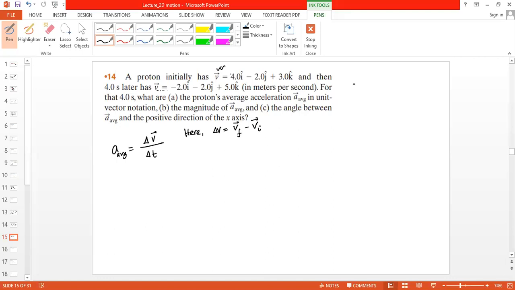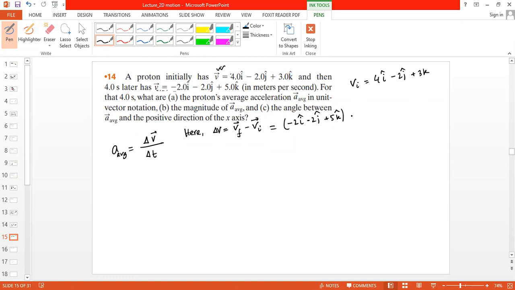So initial velocity means 4i minus 2j plus 3k, and final velocity is this one. So we can write here final velocity minus initial velocity. So final velocity is minus 2i minus 2j plus 5k.